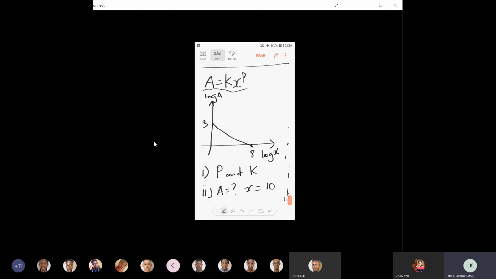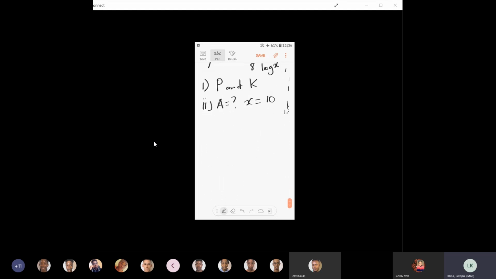So this is A is equal to, let me put it up here. We are told that is the relationship between A and x.